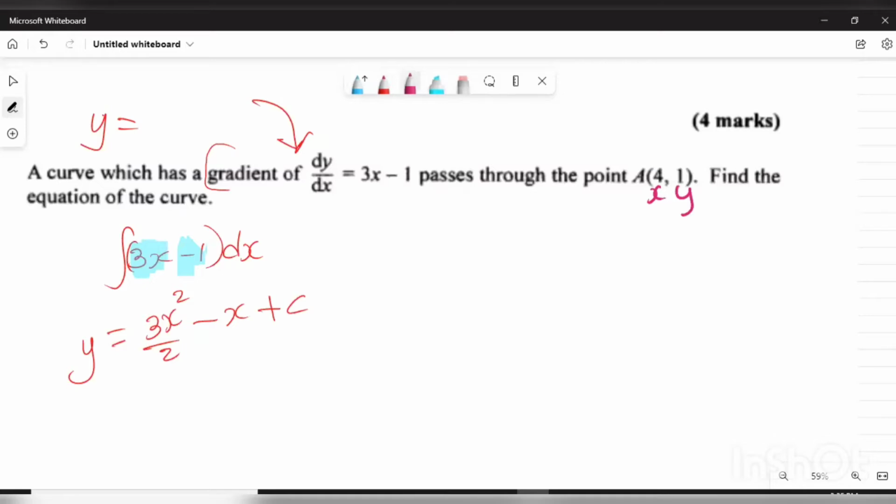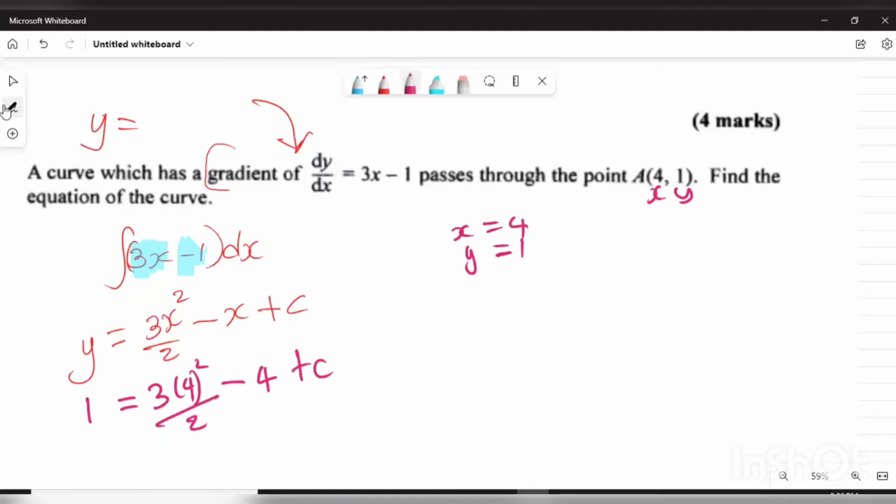So we're going to substitute using the point, x equal to 4 and y equal to 1. So 1, which is y, is equal to 3 times x squared, which is 4 squared, all over 2, minus x, which is 4, plus c.